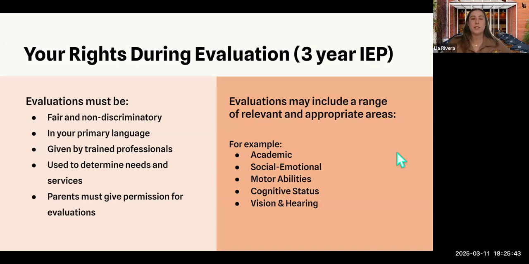Parents must give consent once again for these evaluations. Evaluations can include a range of different areas, for example academic, social, emotional, motor abilities, cognitive status, and vision and hearing.